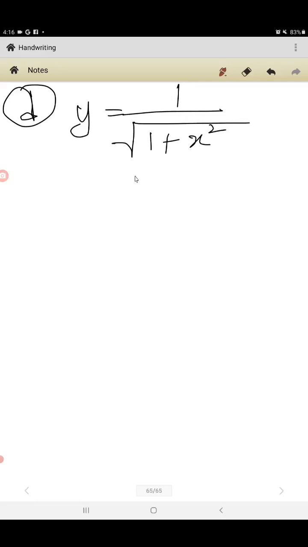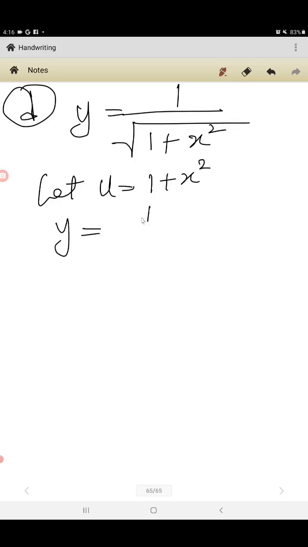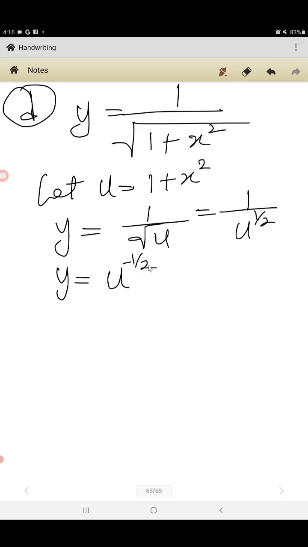Now, the first thing you need to do is let u equal 1 plus x squared. Our y will now be 1 over root u, which can also be 1 over u raised to power half. By the law of indices, our y will now be u raised to minus half. That's all. So let's start differentiating. Let's differentiate u with respect to x. 1 is a constant, so it gives you 2x.